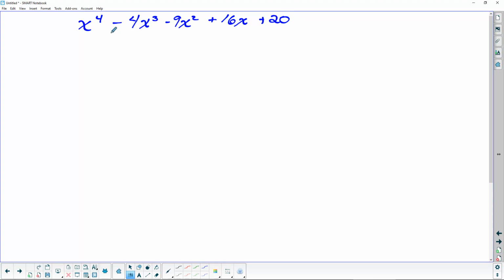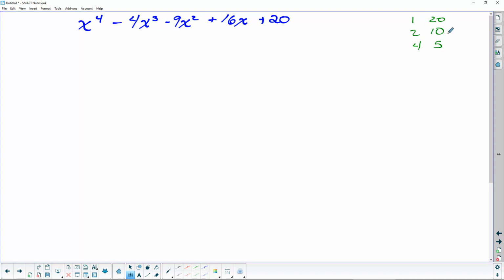So our first thing is we're going to look at the 20 and look at the factors of 20. We're going to have 1 and 20, 2 and 10, 4 and 5. Those give us our possible factors.